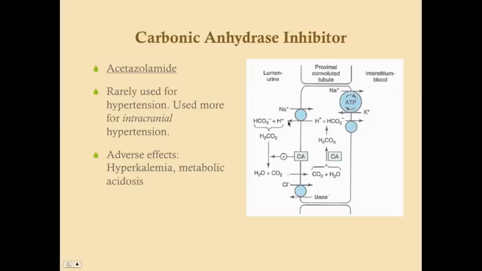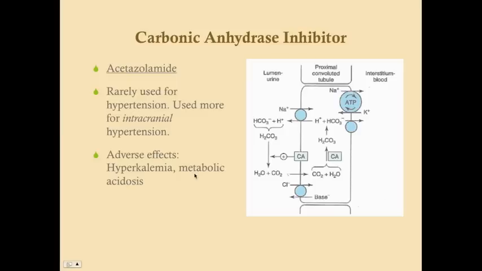Now, if you inhibit CO2 and H2O from going to carbonic acid, or H2CO3, you're going to reduce the amount of, one, acid going into the blood, yes, but you're going to reduce the amount of bicarb going into the blood. Therefore, you can cause a metabolic acidosis.